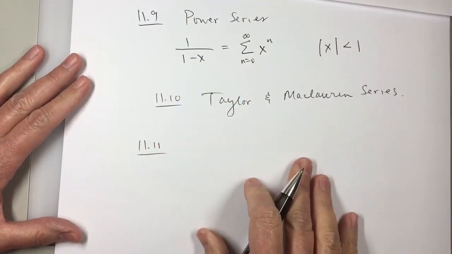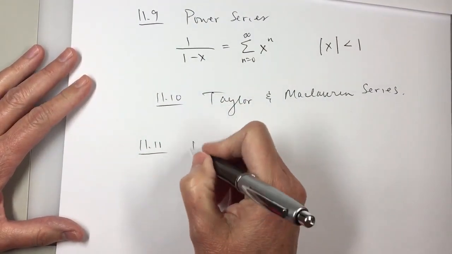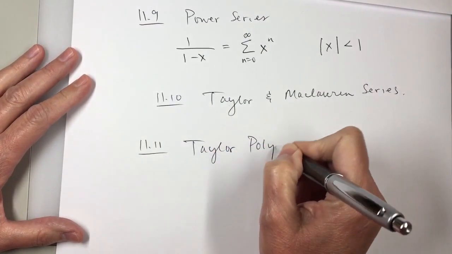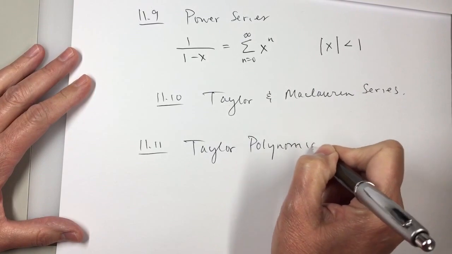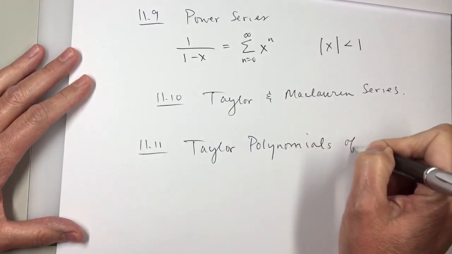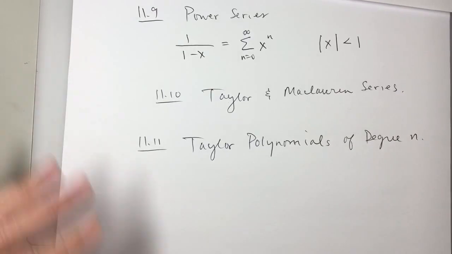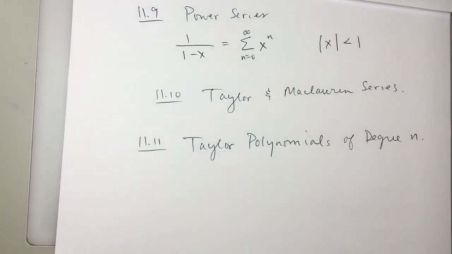11.11, which I briefly mentioned yesterday, this is Taylor polynomials. Taylor polynomials of degree n. That's not the title of it, but be able to find a Taylor polynomial of degree n. If you can find a Taylor series, you can find a Taylor polynomial. What do you do for a Taylor polynomial?